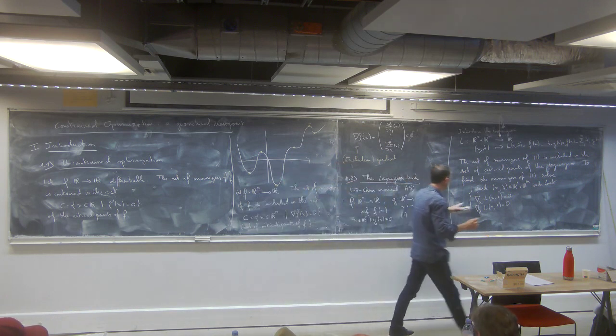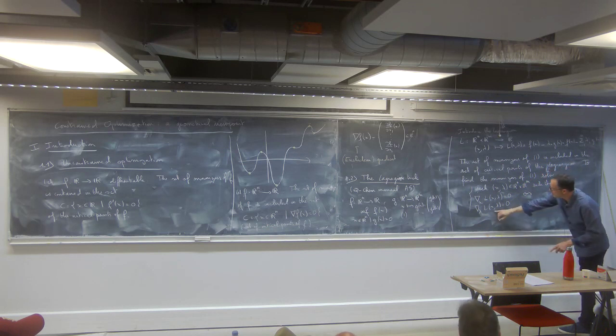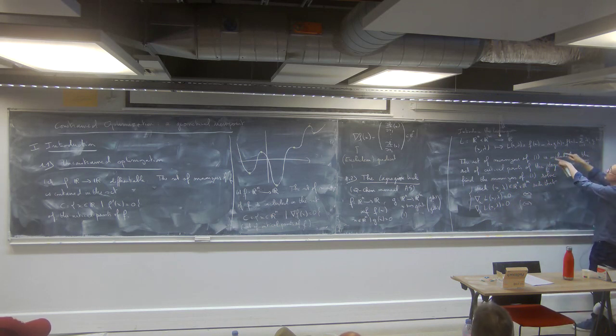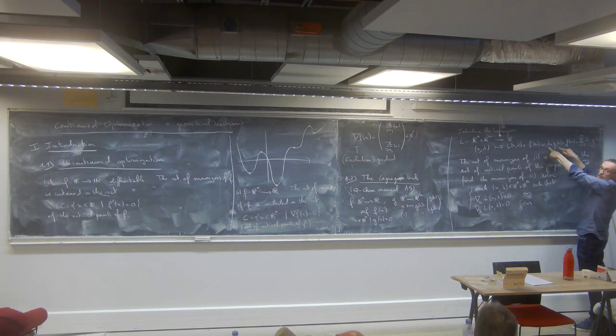So this condition is what? So let me start with this one. So this one is simply the gradient with respect to lambda. When I take the derivative or the gradient of this function with respect to lambda, I find g of x. Okay.